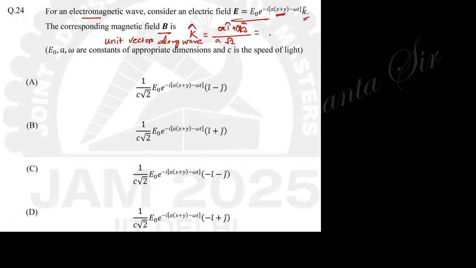So these cancel out, giving 1 by root 2 times (i cap plus j cap). So this is the wave vector.